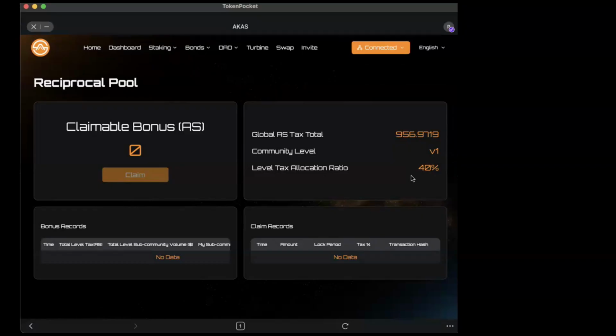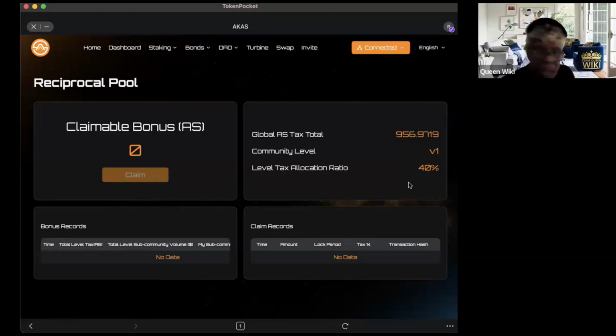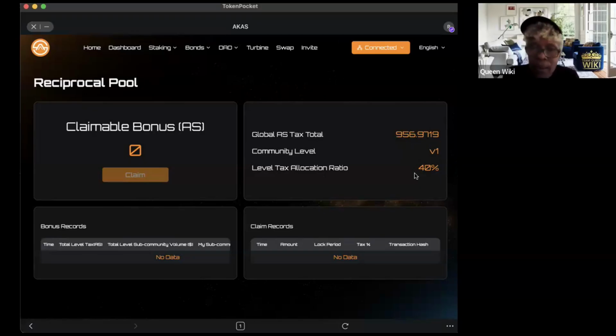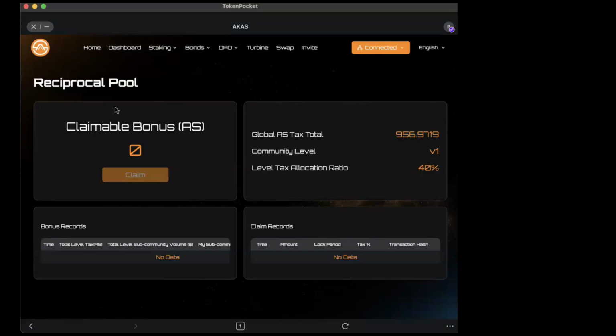If you release longer, you get lower tax. Mine says 30%, yours says 40%. Why? Because you are V2, and I am V1. 40%, because this pool is shared by all the V1. It's not only I get 40%.